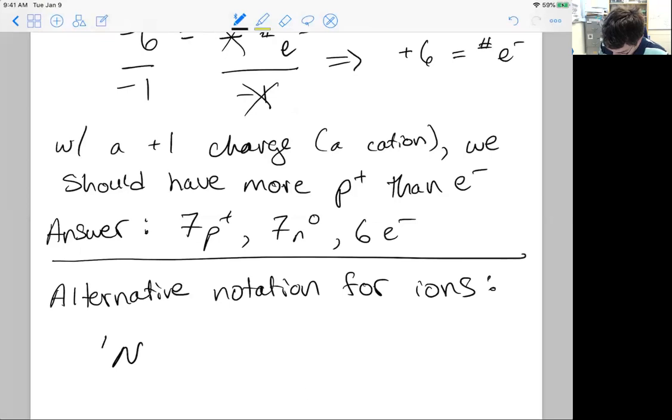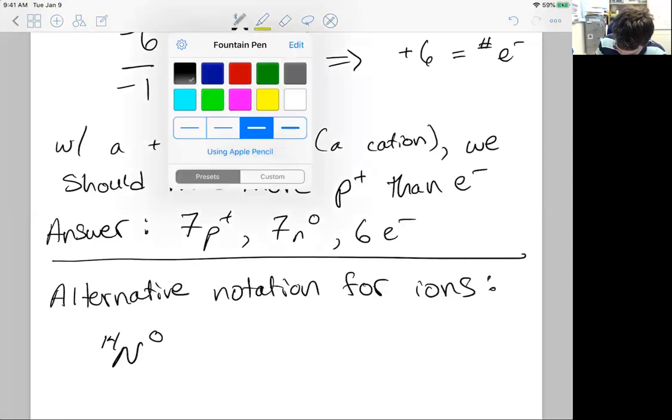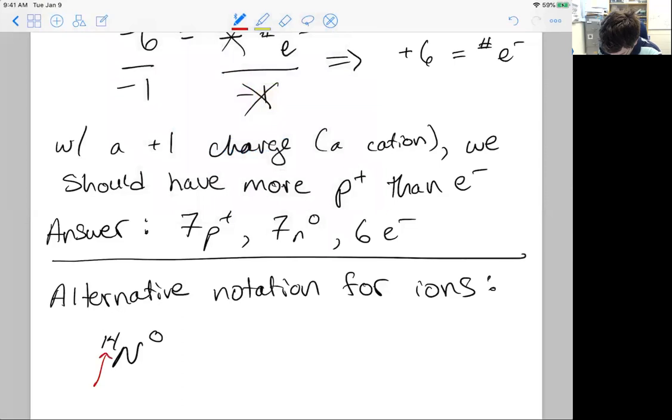So 14 superscripted, N normal, 0 superscripted. This alternative notation shows the atomic mass up and to the left, and then the charge up and to the right.